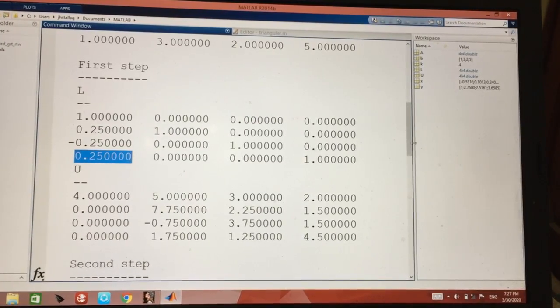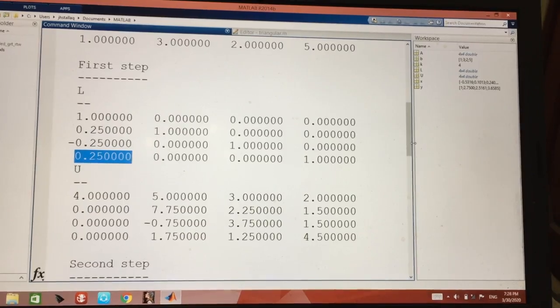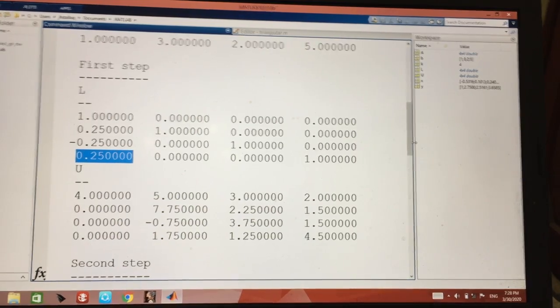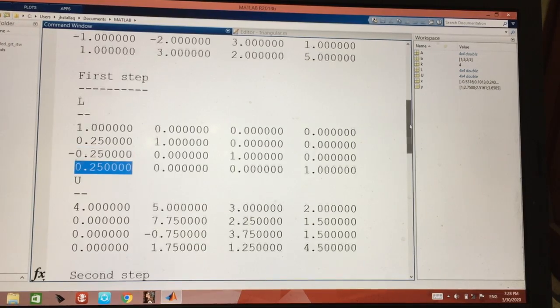So 3 minus 0.75 should get 2.25, okay? And 2 minus 2 over 4, half, 2 minus half, you get 1.5. So that's the first step. The same we do for the other rows. We get a 0 here, we get x and x and x here, we get 0, x. Now you can see it in MATLAB, the first step here.